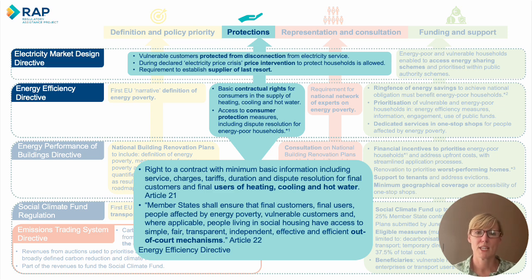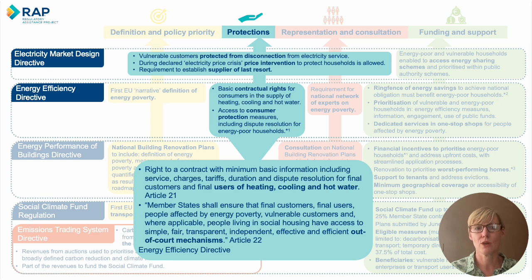Then moving over to the Energy Efficiency Directive, I would describe these measures as strengthening existing provisions. First, the directive extends basic billing and contract rights. So they're things like the right to clear and consistent basic information, the choice of payment methods, the things that we're probably quite familiar with in our electricity and gas rights or contracts.